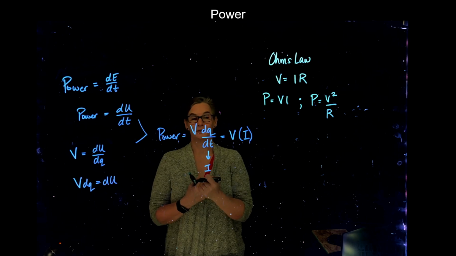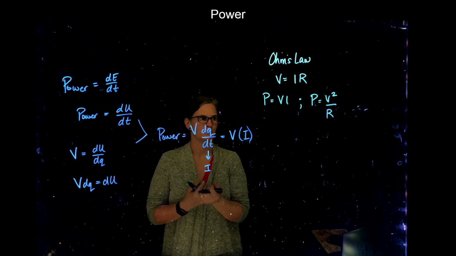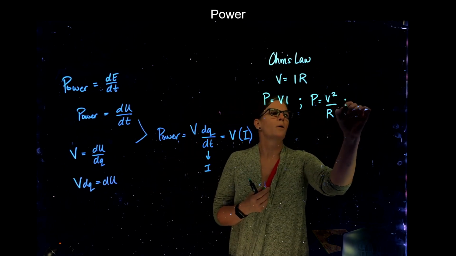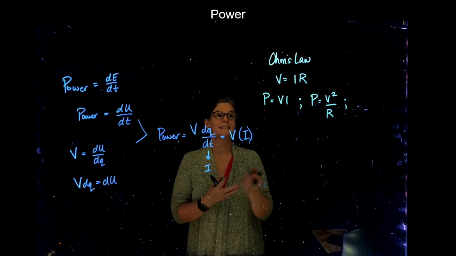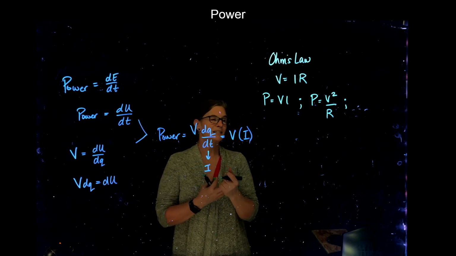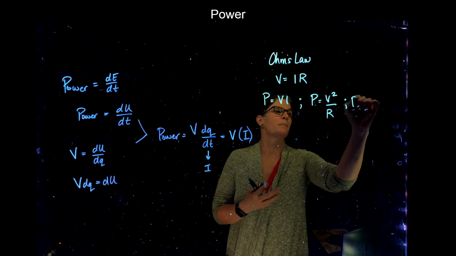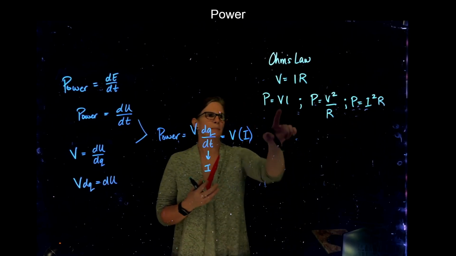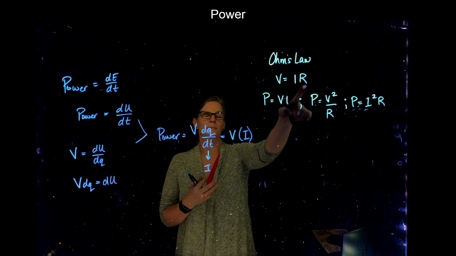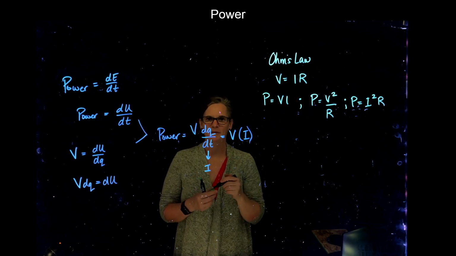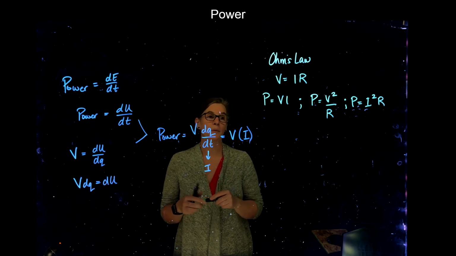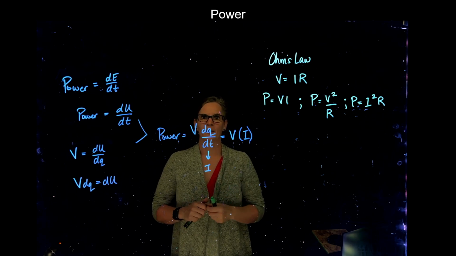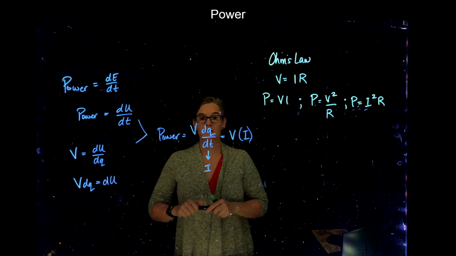So current is voltage over resistance, and I get the power as voltage squared over the resistance. Or I can utilize my relationship for voltage, and I get that the power is equal to the current squared times the resistance by putting in my current times resistance for my voltage. So three ways to represent power that we can utilize to solve problems and to understand a little bit about how power relates to things that we experience in terms of electricity.